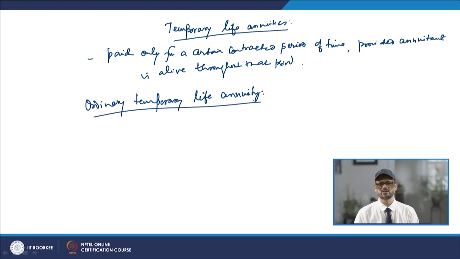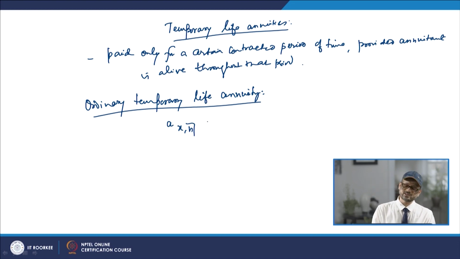if the term of the annuity is n, the present value of the temporary life annuity is a x n, which is shown by this. This is for the ordinary temporary life annuity.